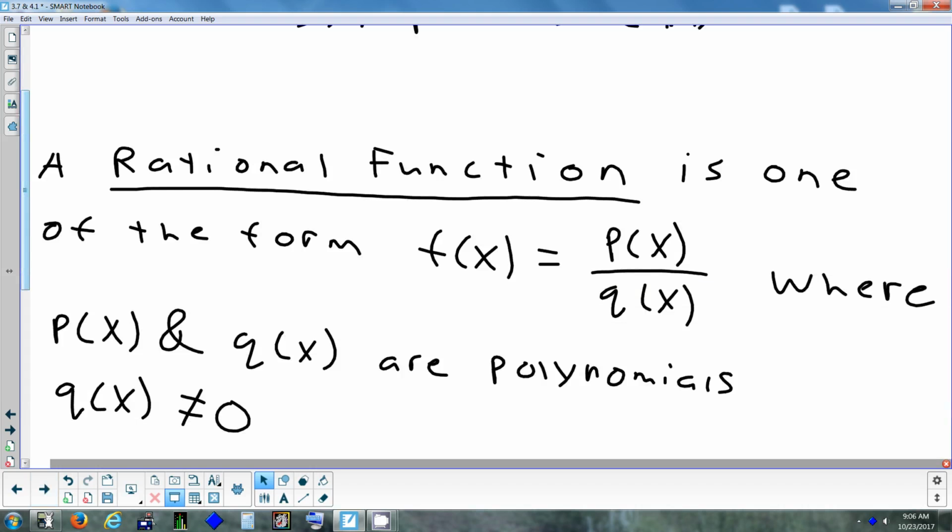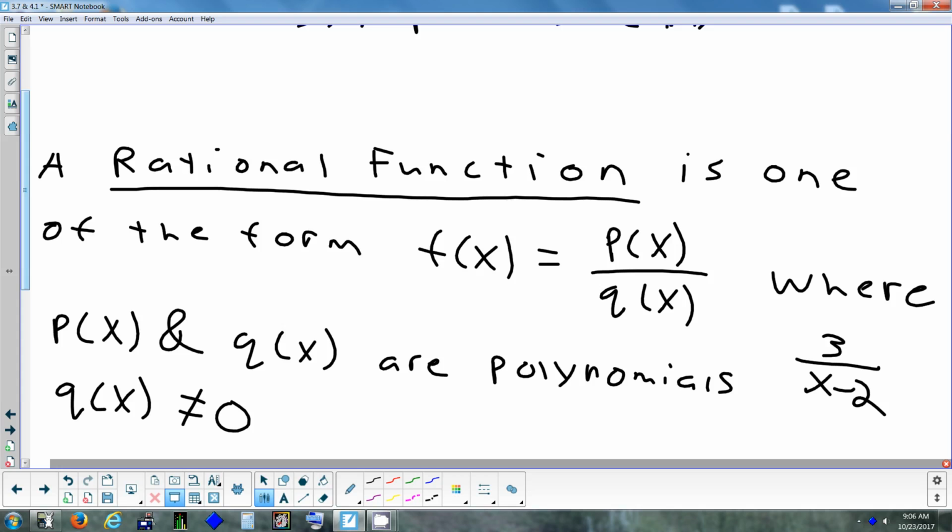You can't put 0 in the bottom. Right, so we got to keep that in mind if you had something like this. There's a restriction on values you can use for x there. Only one number you're not allowed to use for x. What would be the one number you can't use?